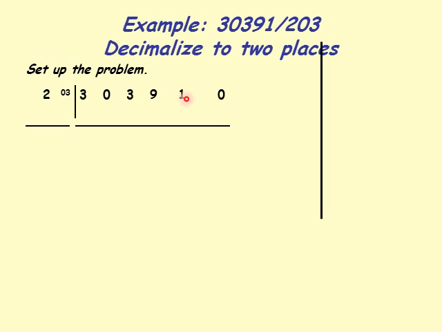So without changing the value, 203 is my divisor, 30391.0 is my dividend, and only one digit for division, so I would be dividing by 100. Divide both the dividend and divisor by 100, as we just did. Because 03 is on the flag, this is my fractional part after the decimal, and this is my quotient part.